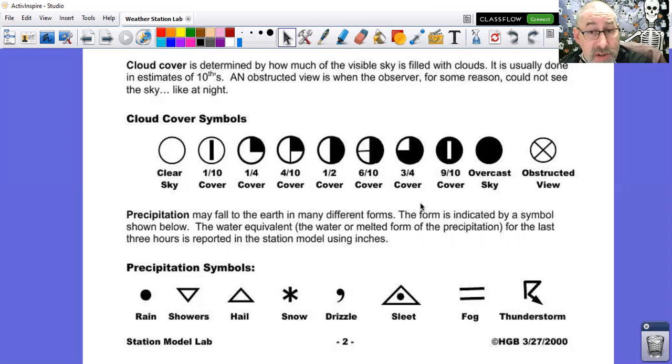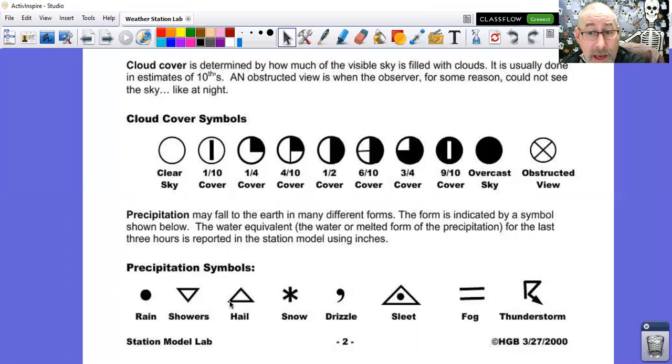All right, precipitation. Of course, this is any kind of water that falls out of the sky. We've gone over this. So we have different symbols, and we can actually combine these symbols to make them mean different things. So anytime you see a circle or a dot like this, that's your rain. The upside down triangle means showers.